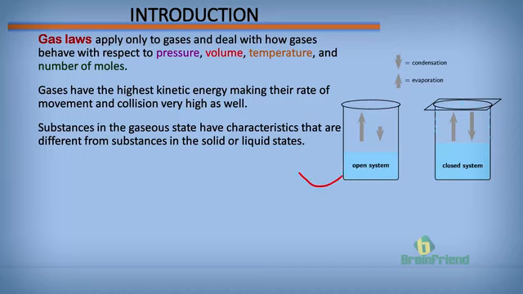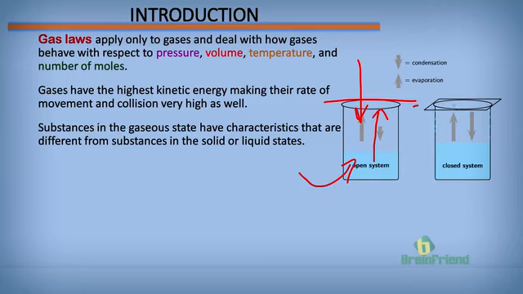So an open system, you can see here, it's open. There is no lid closing it. So the atmospheric pressure and other materials can go into it, and also the substance in it, if it's a gas or if it's a liquid that vaporizes, can actually go out into the atmosphere.